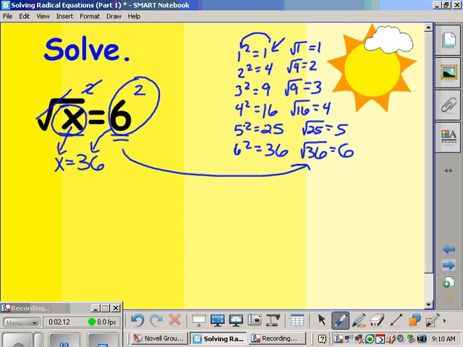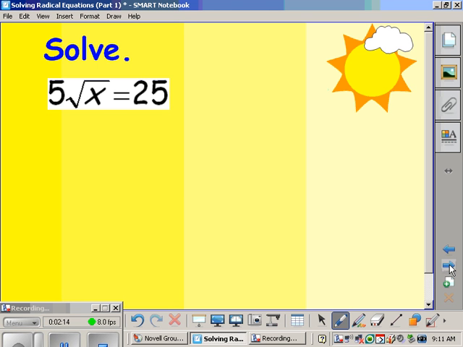Now let's add some components to these equations and figure out x as well. So in this problem, it says 5 times the square root of x equals 25. So this is just not as simple as saying the square root of what number is 25. The first thing we must do is isolate the radical on the left side of the equal sign, just like you would if you had the equation 5x equals 25.